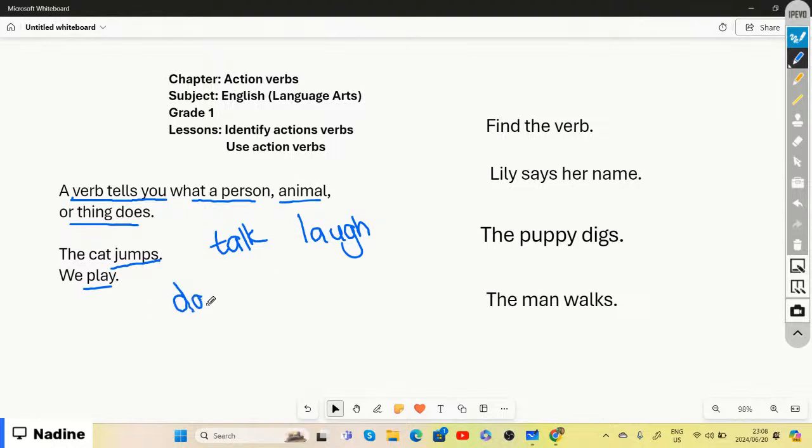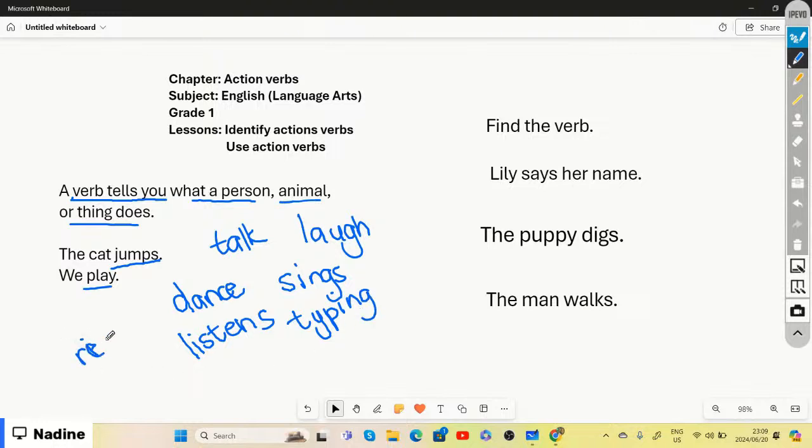Dance is also an action verb. It's a doing word. It's something that someone does. Sings. That is also something that we are doing because it's an action. Since I'm the one that is talking, you are listening. So listen or listens, right? We can even say sometimes typing or reading.